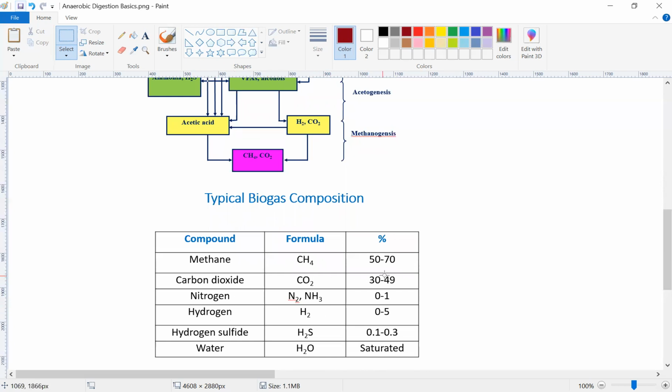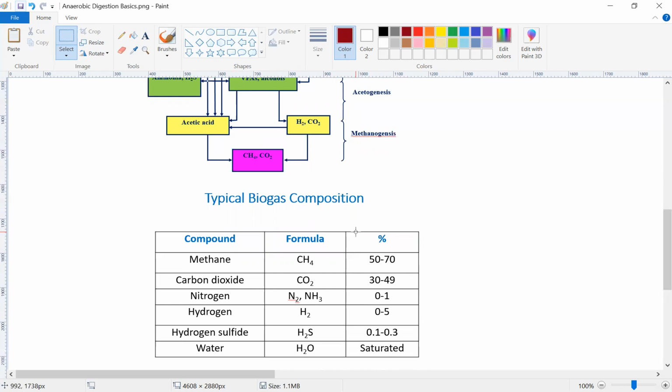The balance is sometimes carbon dioxide, with trace elements of nitrogen compounds like nitrogen or ammonia. This can reach 1%.